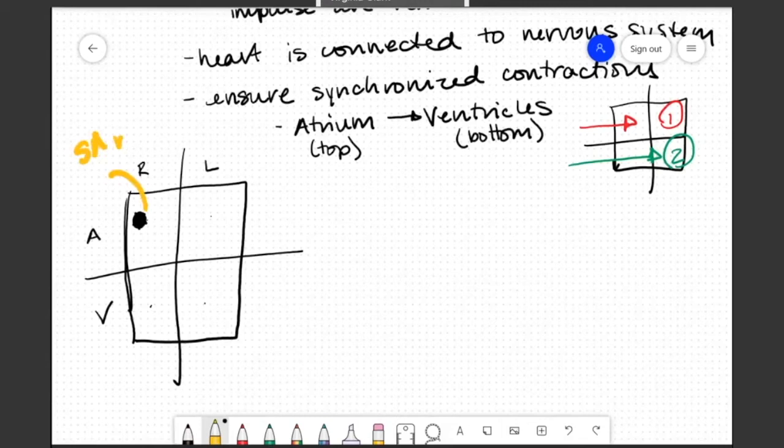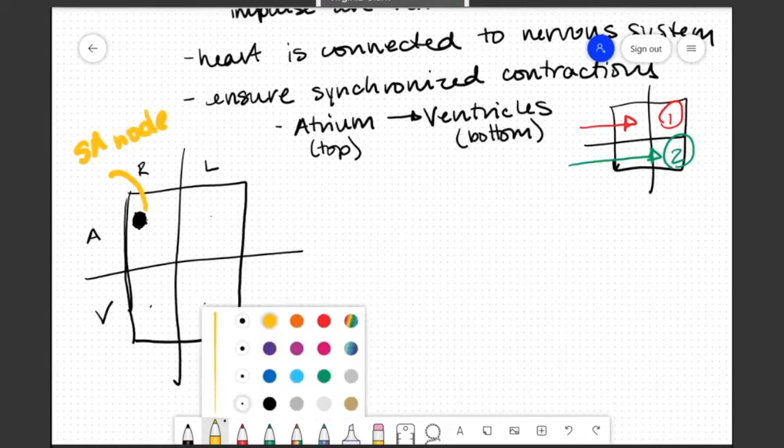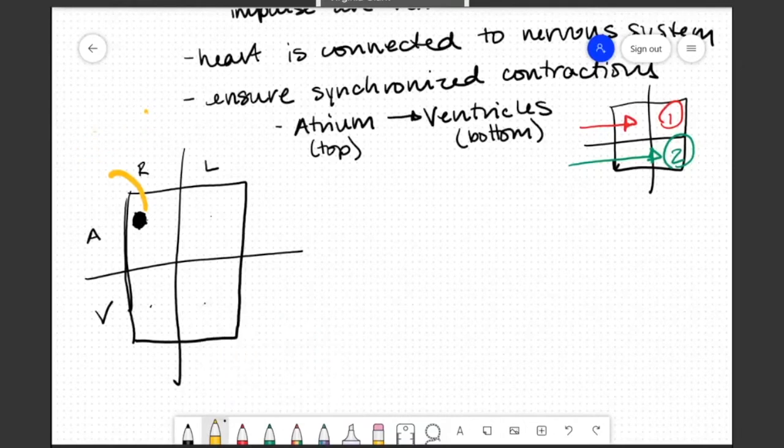This pocket of cells is going to be called your SA node. Sorry, I'm not used to these touch screens.